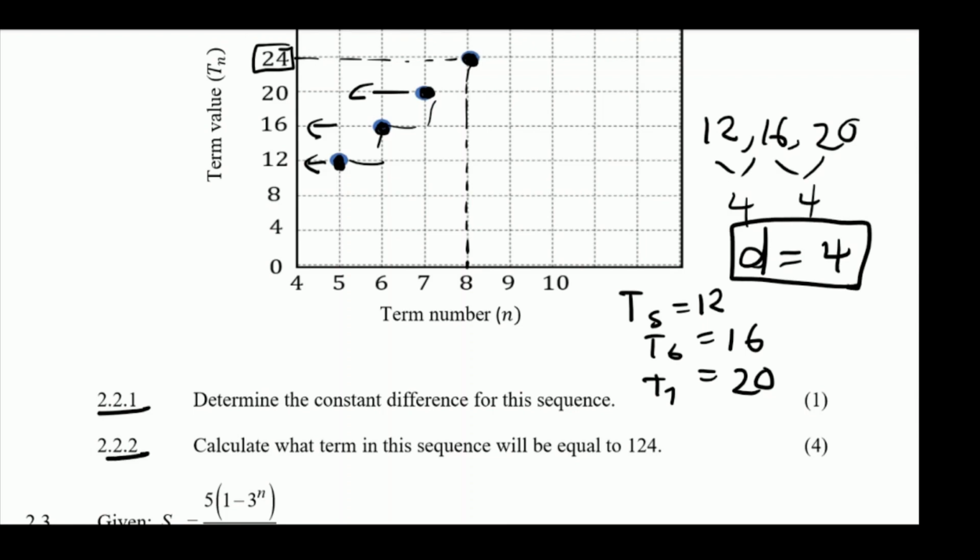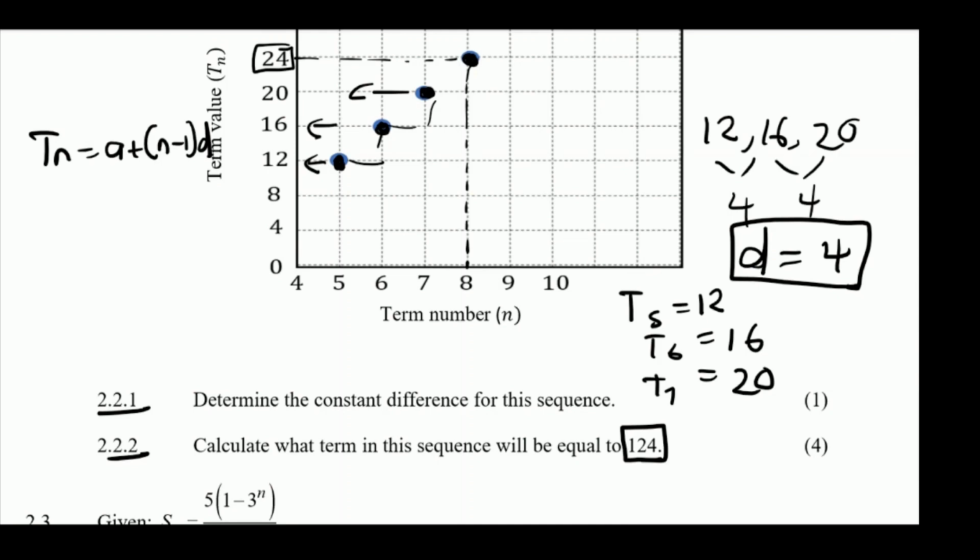So now we're going to go to 2.2.2. They say calculate what term in this sequence will be equal to this number here, 124. So I want to know the term. So basically you're going to use the equation Tn is equal to a plus (n minus 1)d, right?